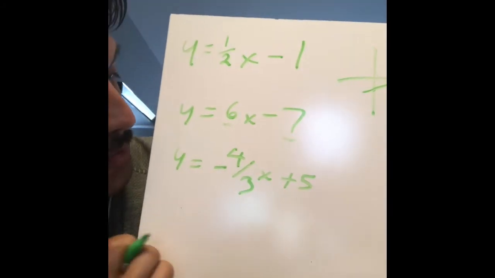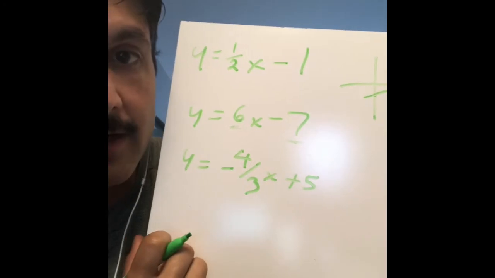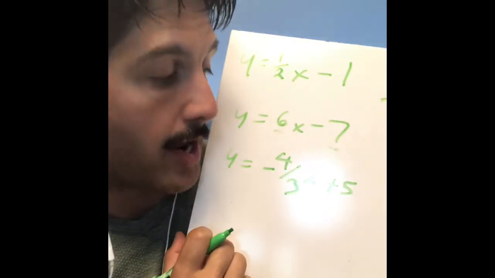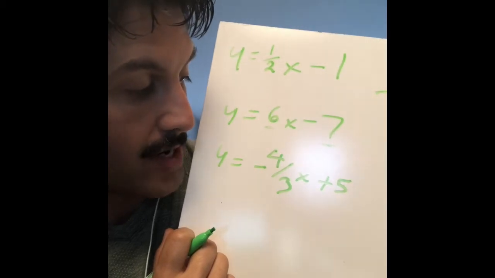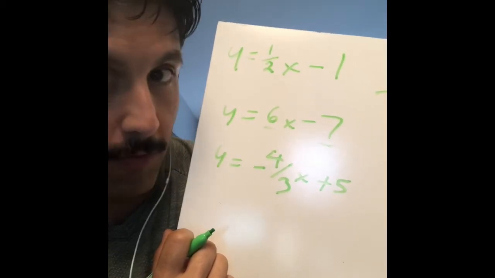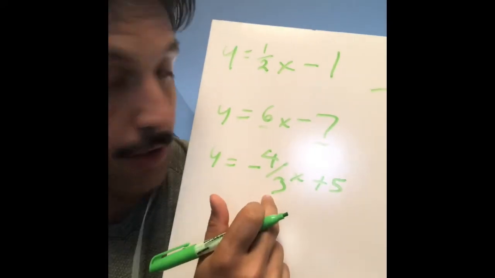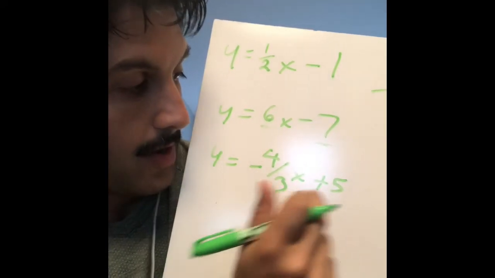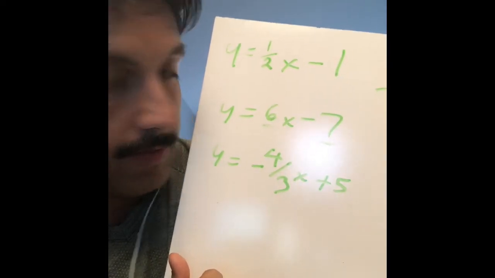And then this one is -4/3 x plus 5. That means the negative tells you it's going down to the right. It's going down 4 over 3, down 4 over 3, down 4 over 3. That's the slope, and it's starting at the y-intercept of 5.